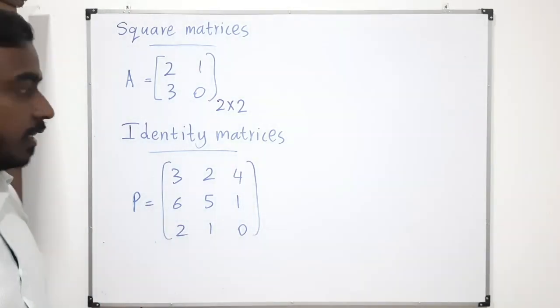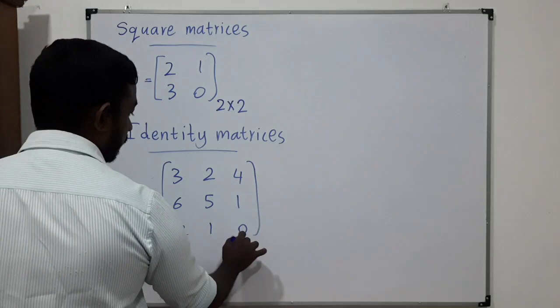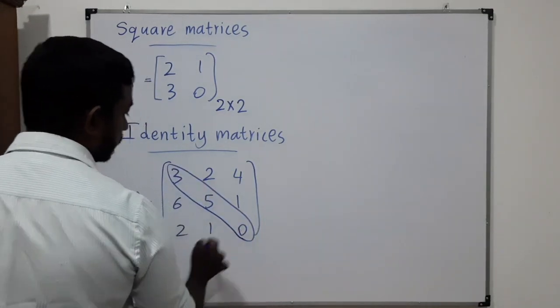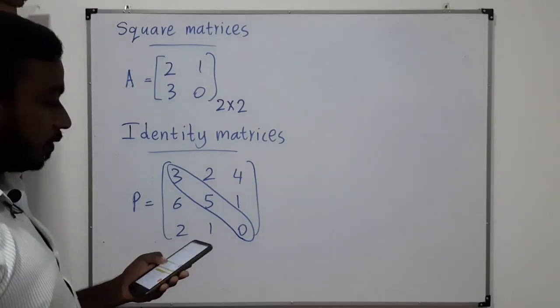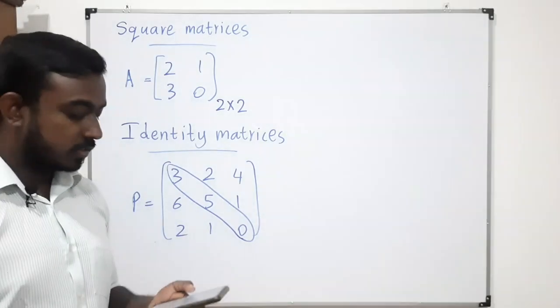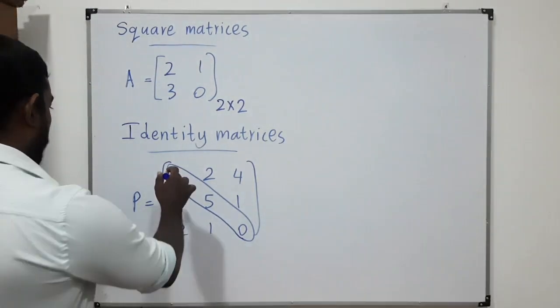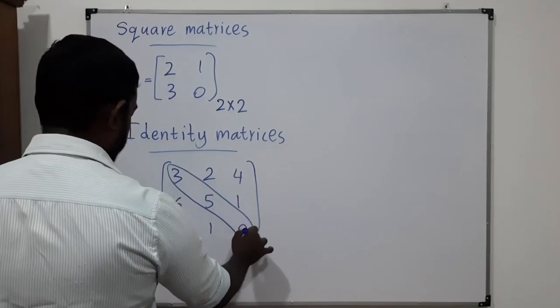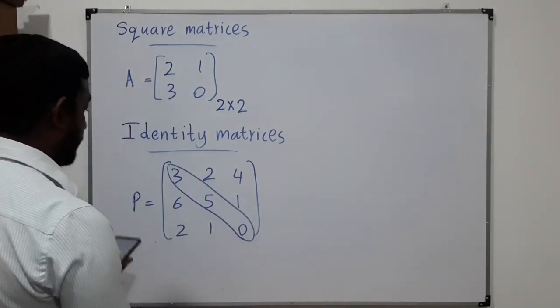Now for this matrix, if I draw this diagonal, this is known as a diagonal. The string of elements from the top leftmost corner to the bottom rightmost corner is the main diagonal.